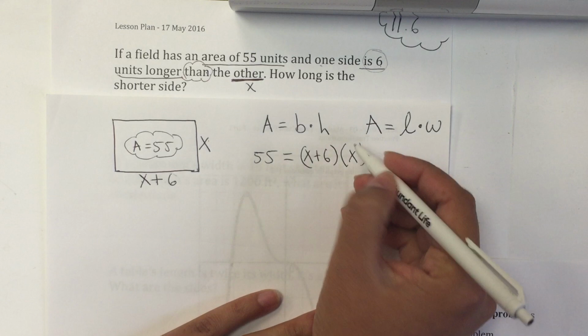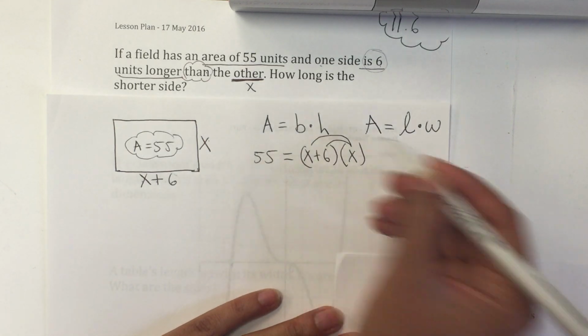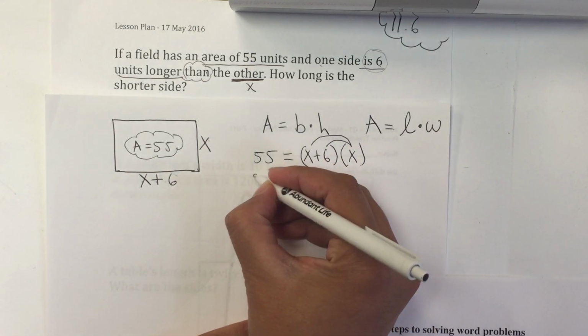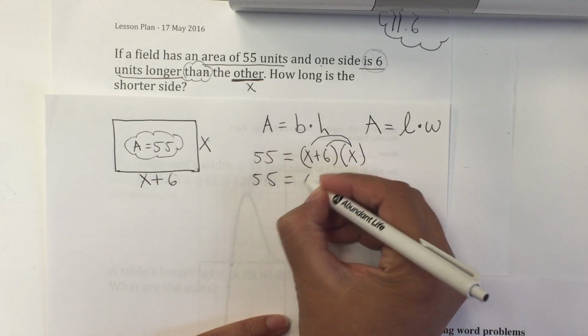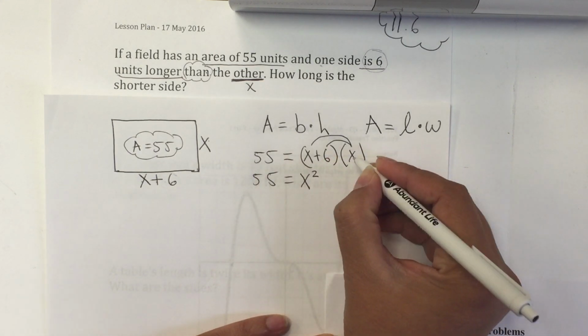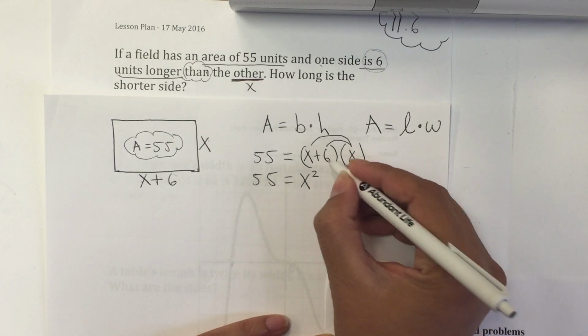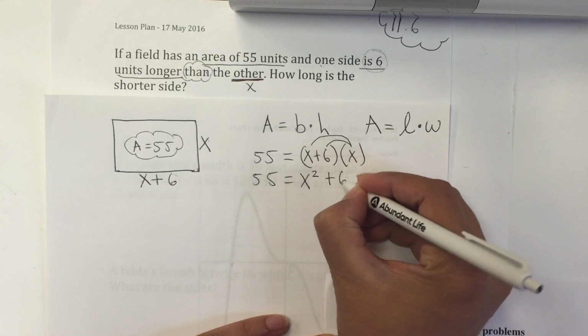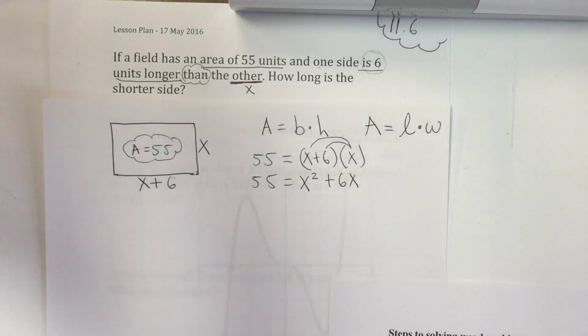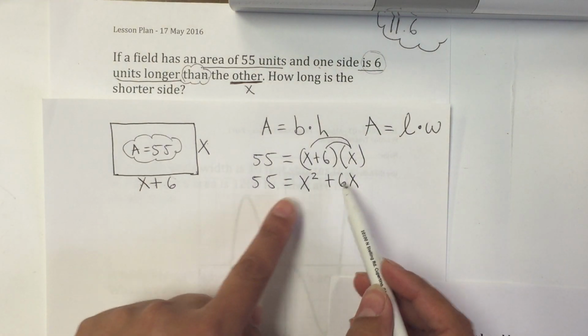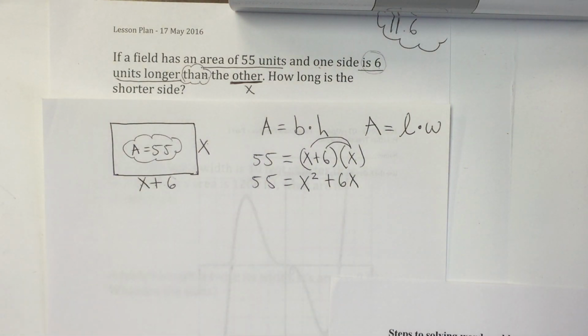With this, we're going to do distributive property. And so we have 55 is equal to x times x is x squared. 6 times x is 6x. After that, we're going to subtract, because now this starts to look like a quadratic equation.